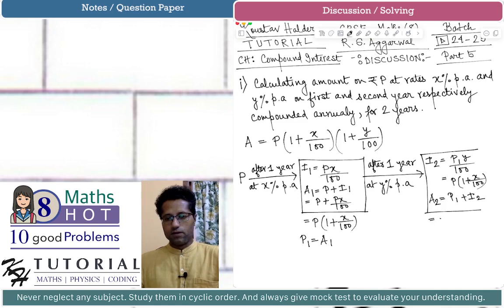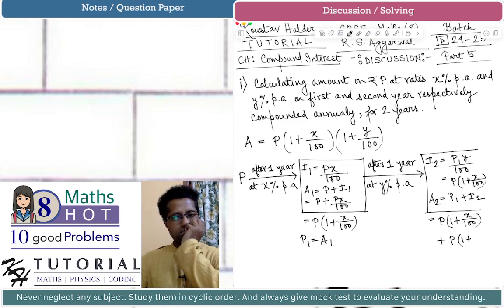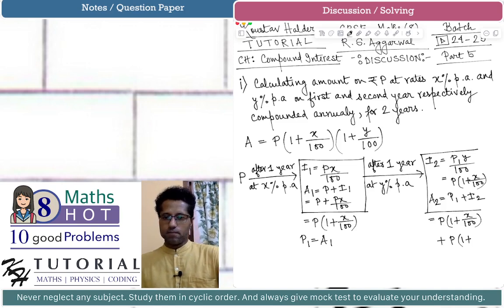So P1 is equal to A1, which means P into 1 plus x by 100. And what is I2? I2 is equal to P1 multiplied by y by 100, and P1 is equal to P into 1 plus x by 100, and there is a y by 100.